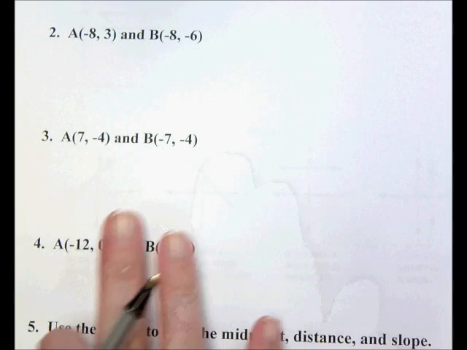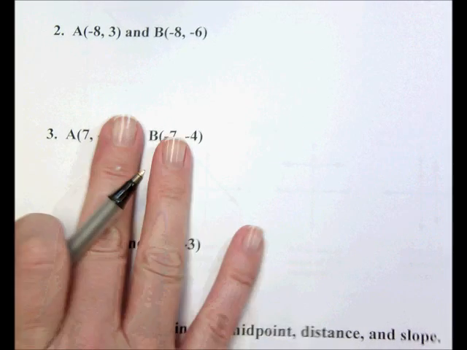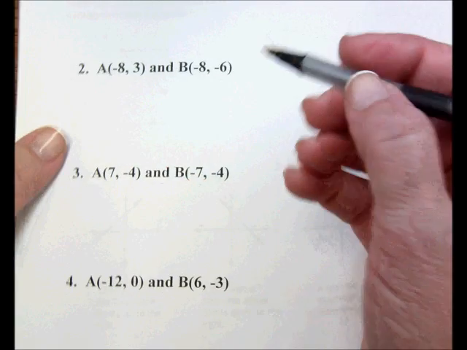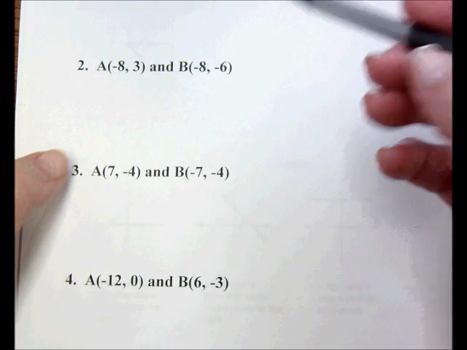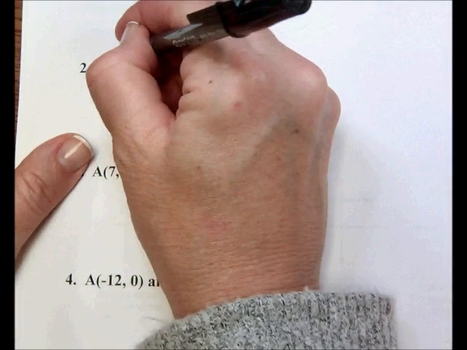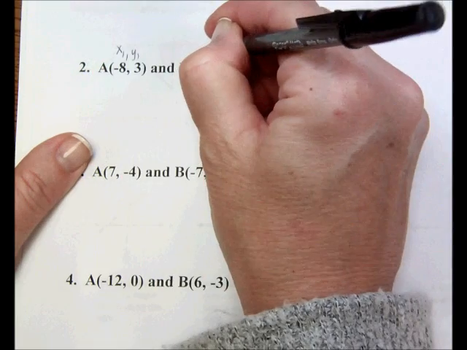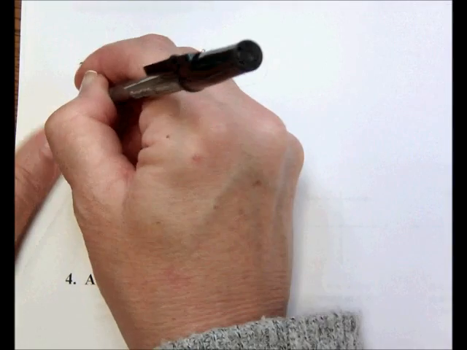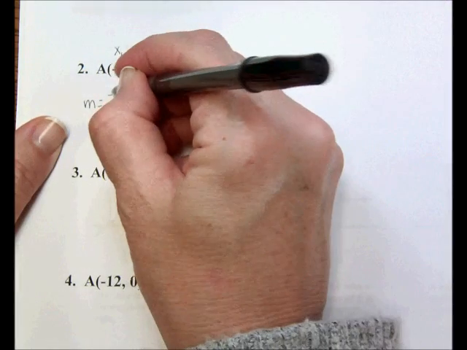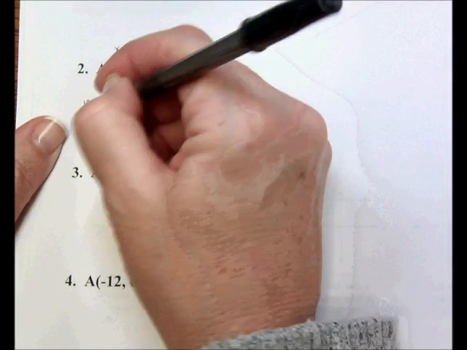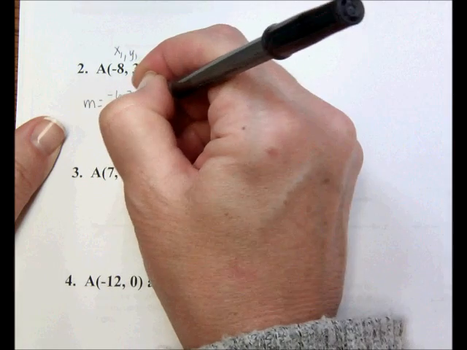One other one that we may want to do is, let's look at number 2 back here. And it asks you to find the distance, the midpoint, and the slope of the segment through the points A and B. So again, I'm going to label x1, y1, x2, y2, and so the slope is just negative 6 minus 3 over negative 8 minus negative 8.